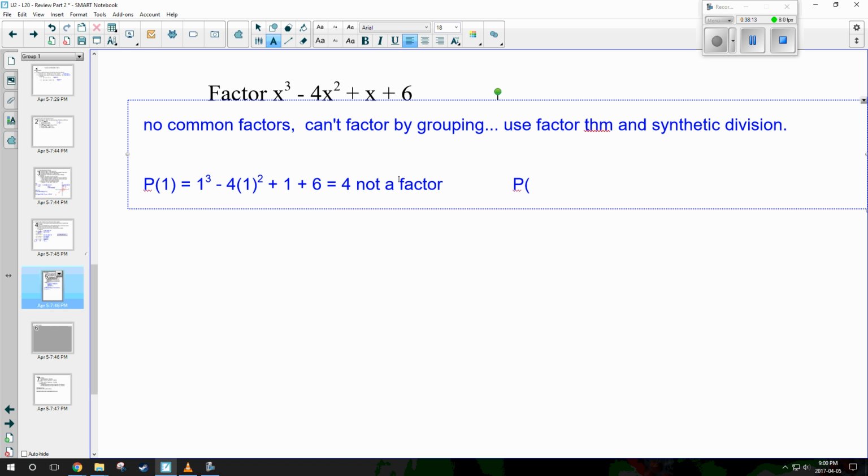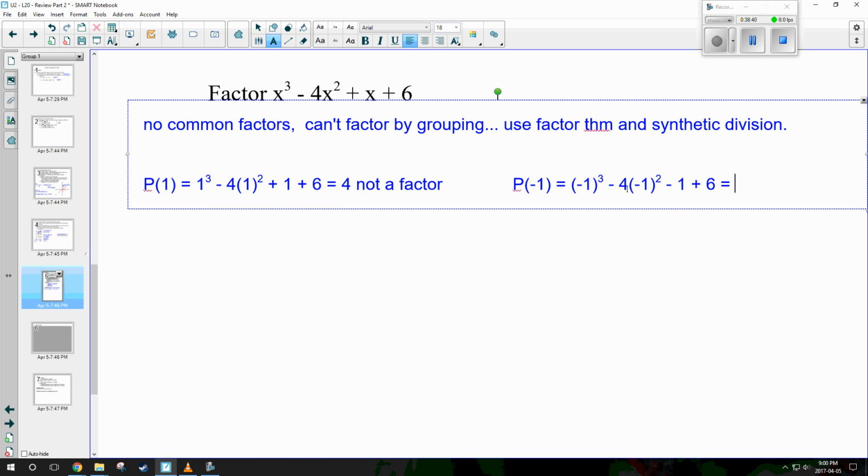Typically our next one to try would be -1, so plugging in -1 into our equation. So -1 cubed gives us a -1.